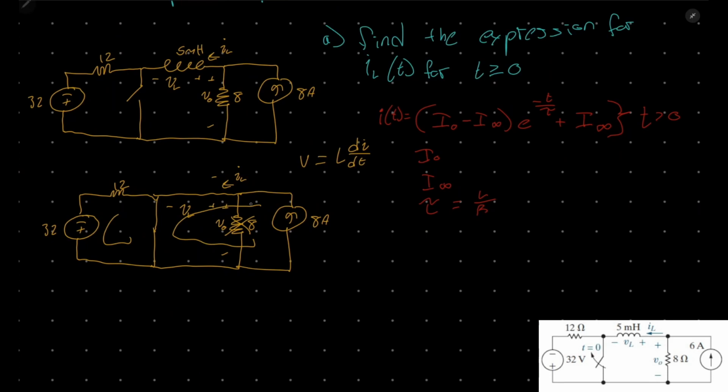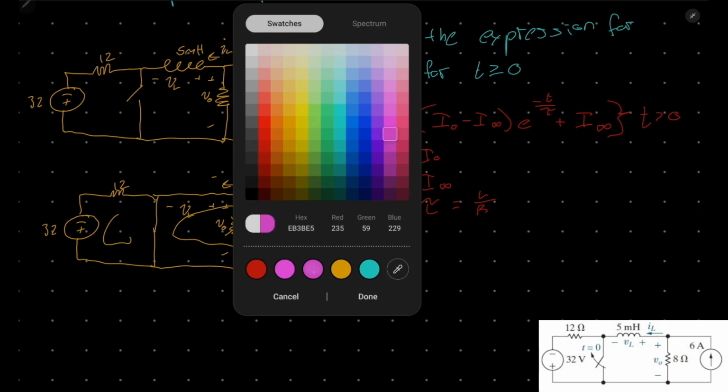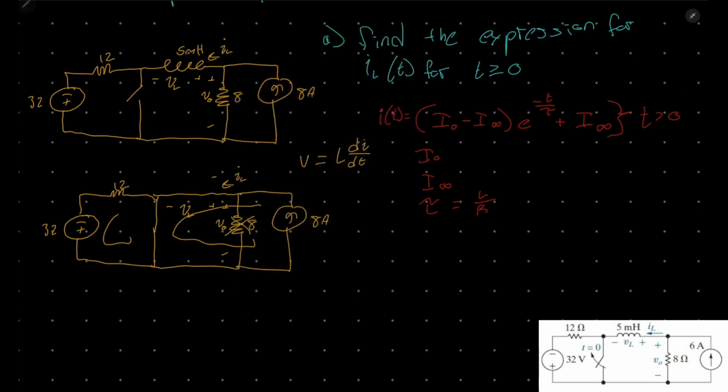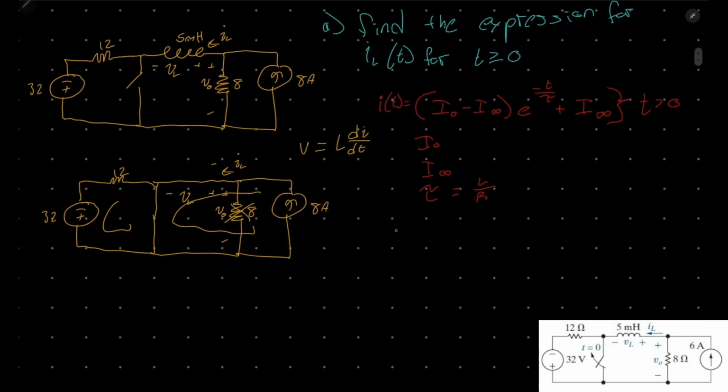If we look closely, the current along this top wire is going to be 8. So we can say that our I initial is simply 8. I initial is 8 amps.